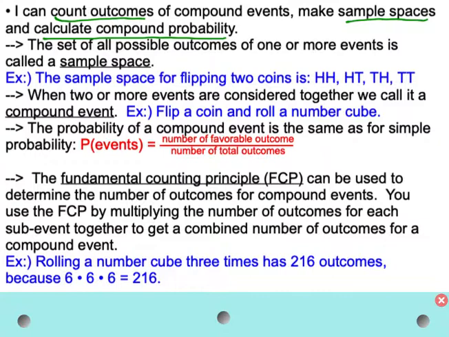You use it by multiplying the number of outcomes for each sub-event together to get a combined number of outcomes for the compound event. Example, rolling a number cube 3 times has 216 outcomes. That's 6 outcomes for each number cube, and 3 of them, 6 times 6 times 6, that'll give you 216.